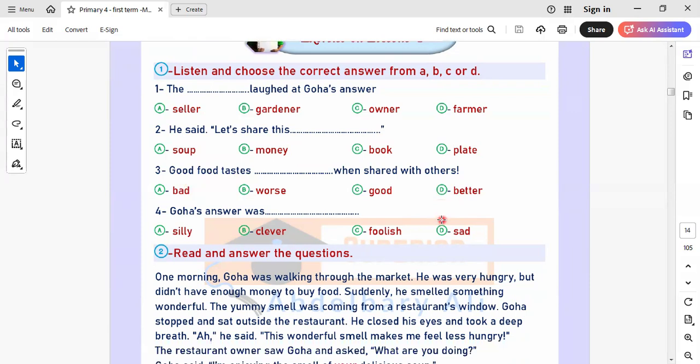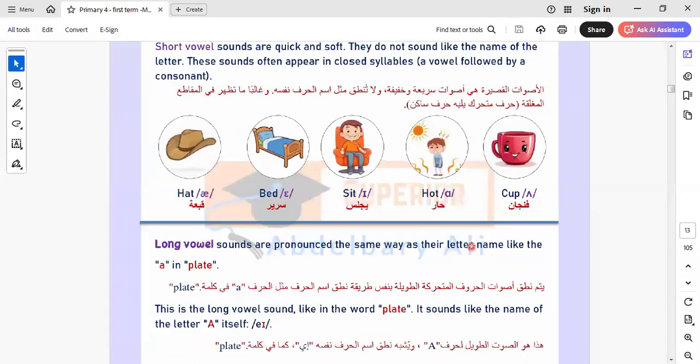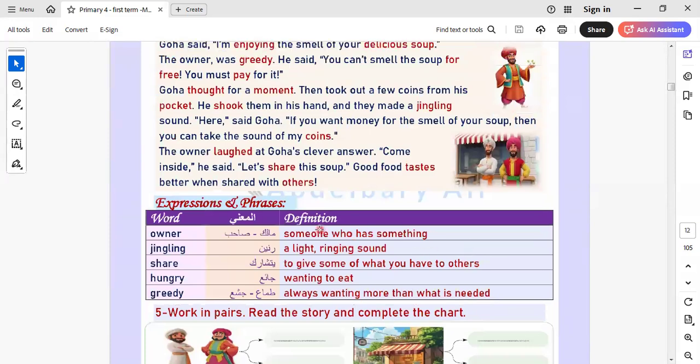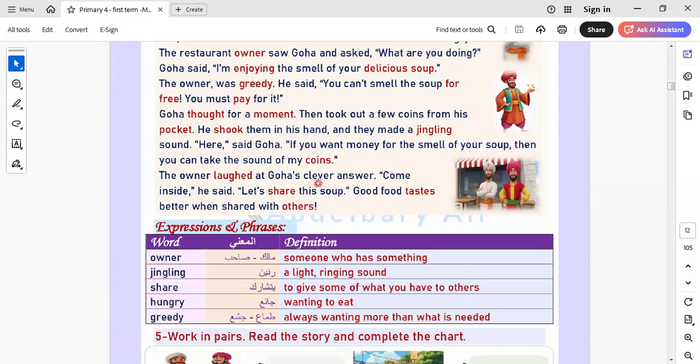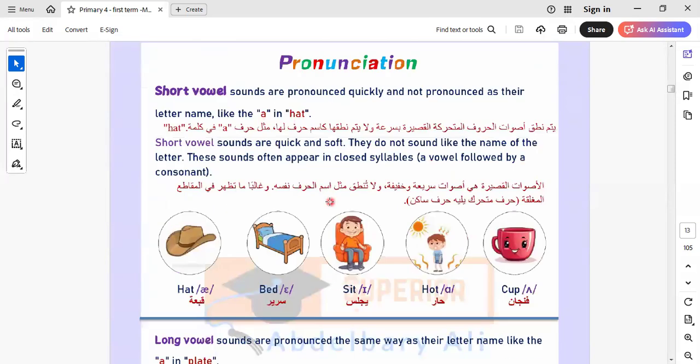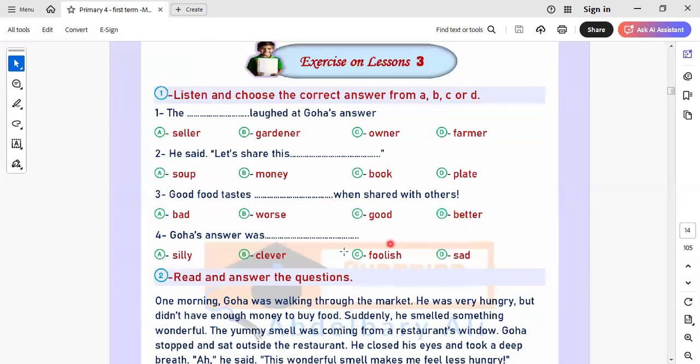In this story, we know how cooperation or sharing with each other is good for us. Goha's answer was silly, clever, foolish? Clever, as we know during the story. So I select this one.